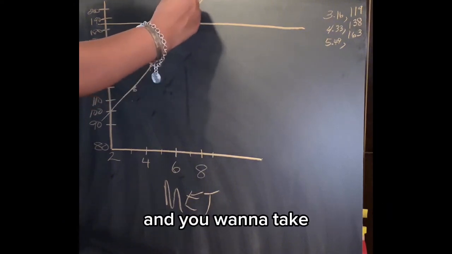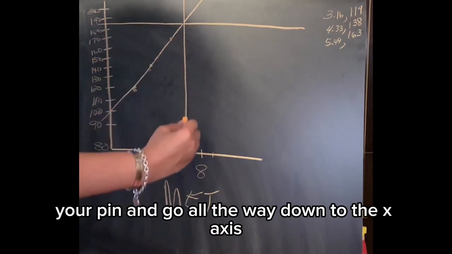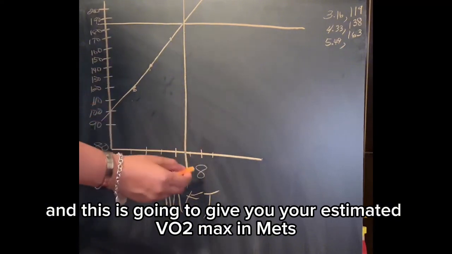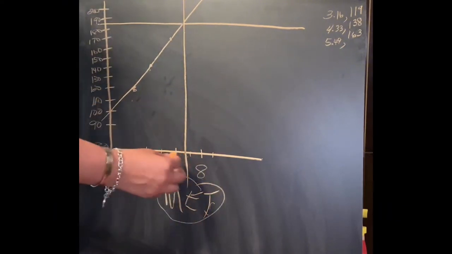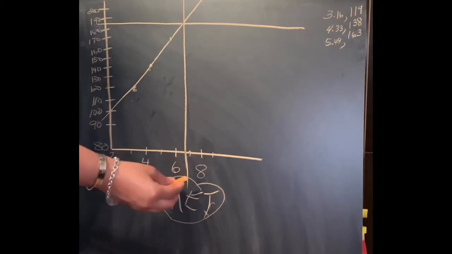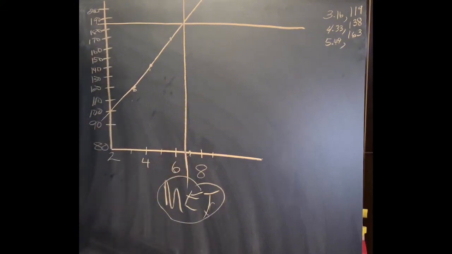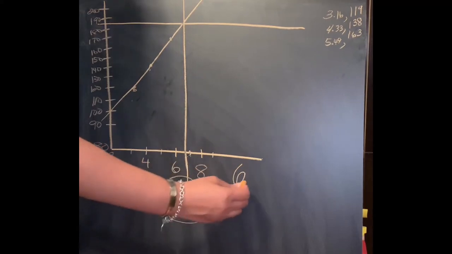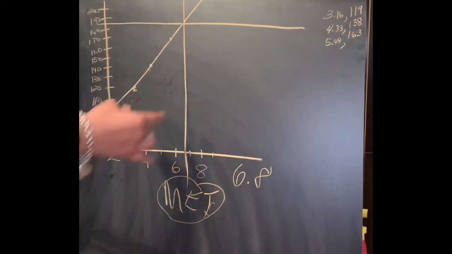You want to take your pen and go all the way down to the x-axis, and this is going to give you your estimated max in METs. So if 7 is right here and 6 is right here, I'll say about 6.8 for your estimated max using the graphing method.